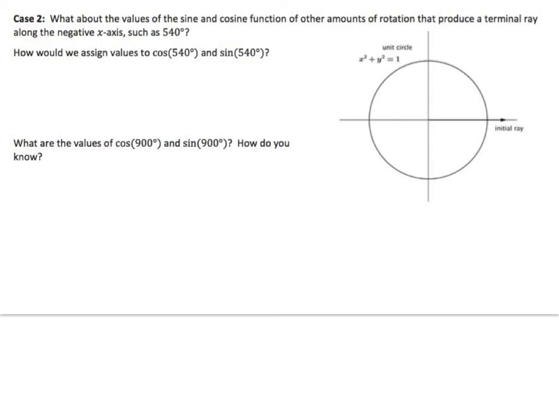If I subtract 360, I'm at 180, so I'm over here. So cosine, which is my x value, is going to be negative 1, and sine, which is my y value, is still going to be 0.